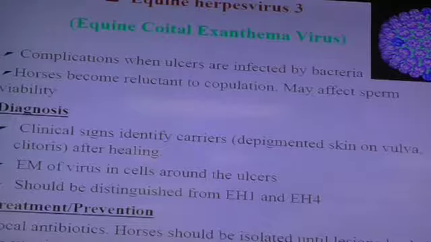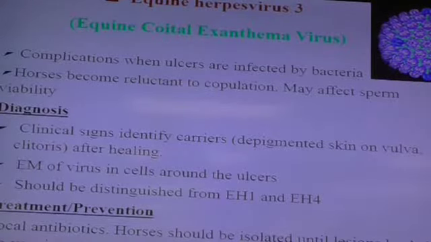Now, when it comes to diagnosis, the white depigmentation is important because it's indicative that those animals are carriers. Although it's not known how the infection is transmitted from those mares to other animals, and it's not known whether mating with these mares can spread the infection to the males.